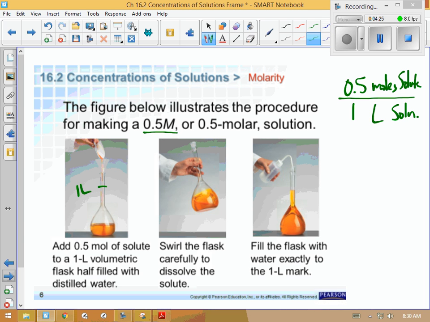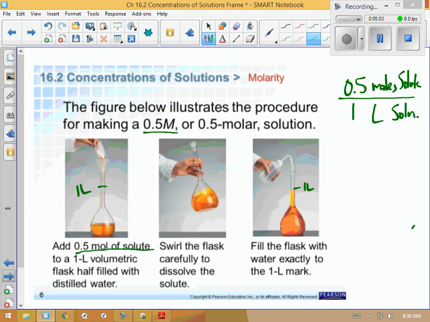What you do is fill it halfway, put in your 0.5 moles of solute, and then swish it around until what happens? It mixes, or it dissolves into solution. Now you have all of your solute dissolved in your solvent. And what's the last step to get exactly 1 liter of solution? You fill the rest of the way up to the 1 liter line.